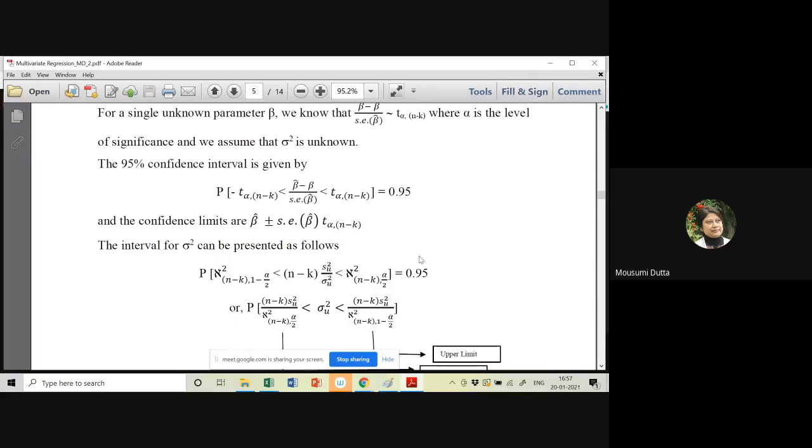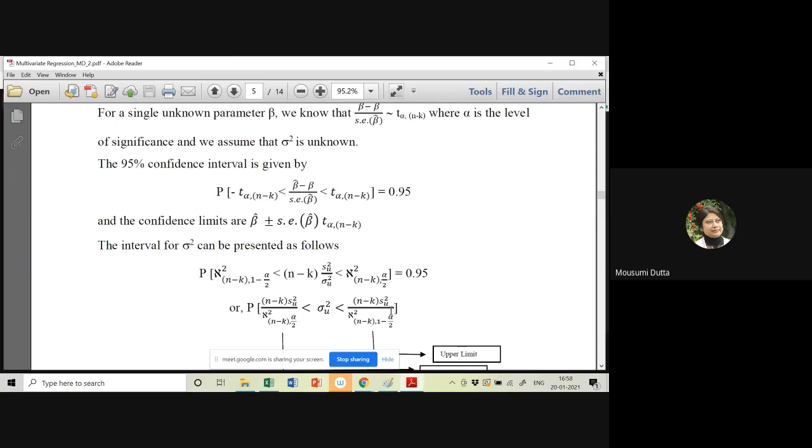Anyone, any question regarding the statistic we are using, the way we are presenting the interval for the regression coefficient and for sigma u square? Because these are the two things we bother about when we consider the estimation part.